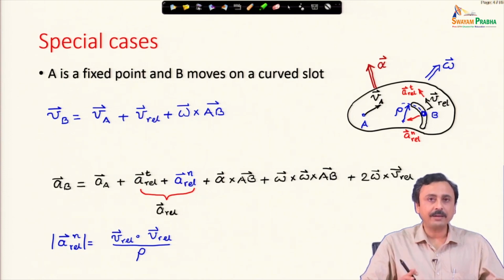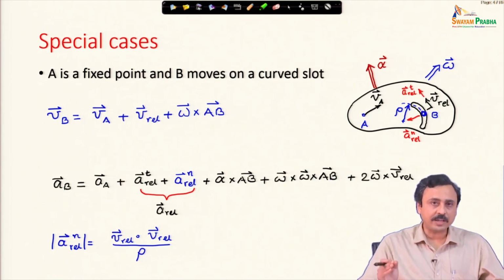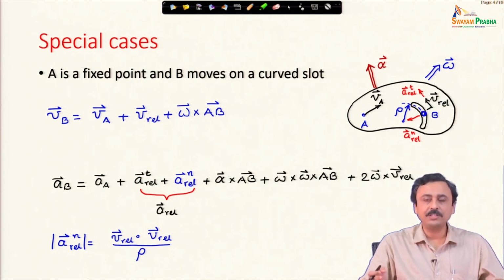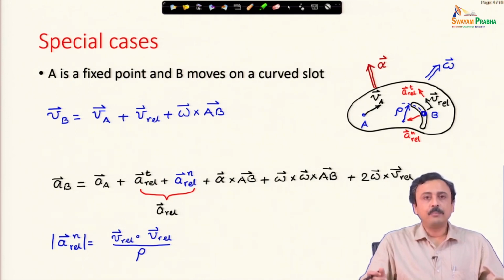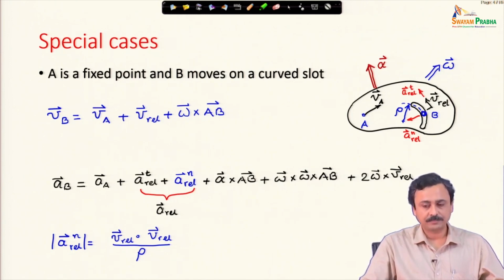You have to remember that AREL is composed of two parts, AREL tangential and AREL normal. Normal is because of the path curvature, which is VREL square by the radius of curvature. So, AREL tangential is tangential to the path, essentially the rate of change of VREL, and because of the path curvature there is an AREL normal, which is VREL square by the radius of curvature of the path at that instant.